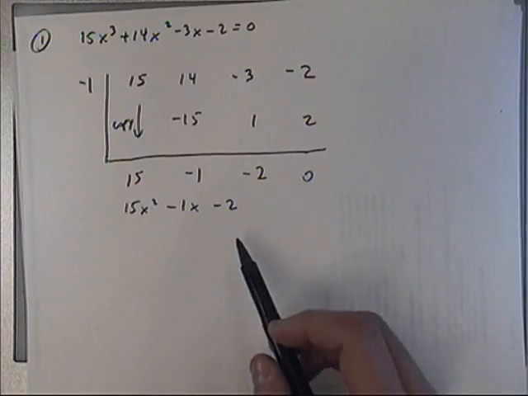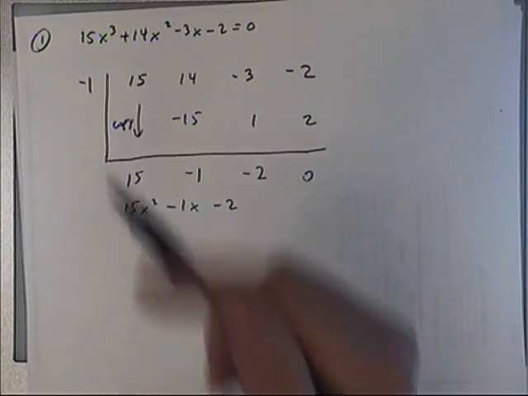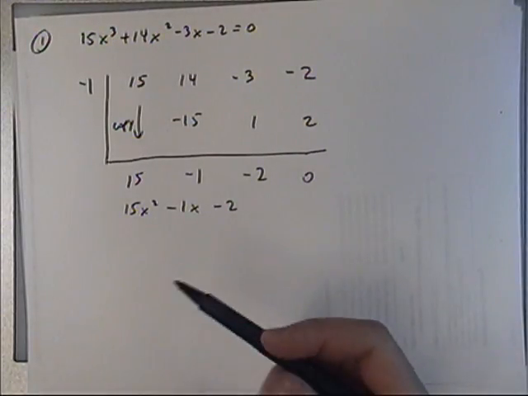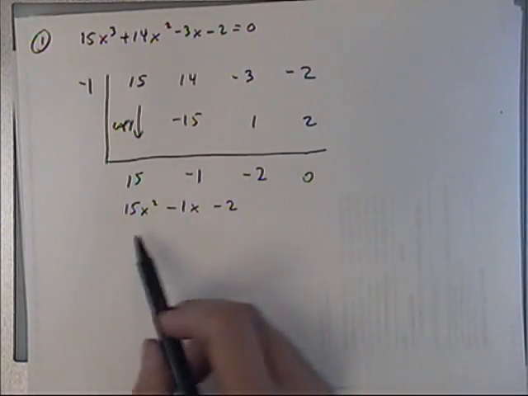Now to get the final two x-intercepts, remember a third degree function is going to have 1 and then 2, 3, 2 more x-intercepts. I can try to factor this.